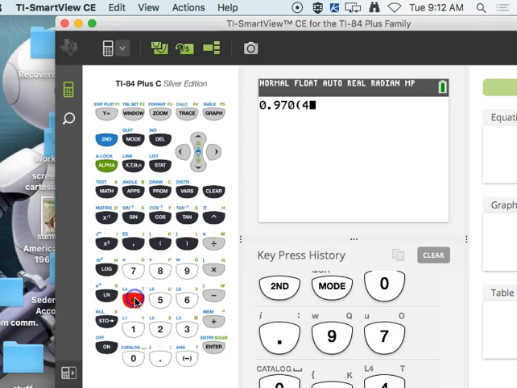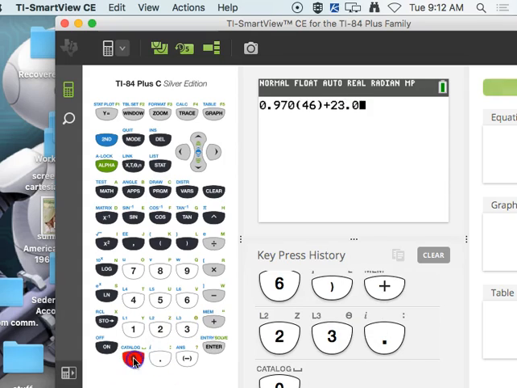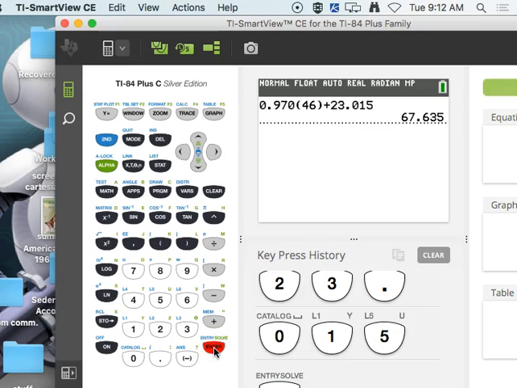And we wanted to know about that low temperature of 46. And then it was plus 23.015. So 67.635 degrees.